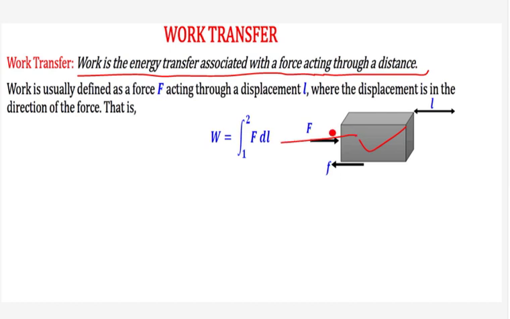If we apply a force F on an object and it displaces by a length L, then work is force multiplied by the displacement, if the displacement is in the same direction as the force. For a small displacement we can write F dL and then integrate. This is the definition of work transfer from mechanics.